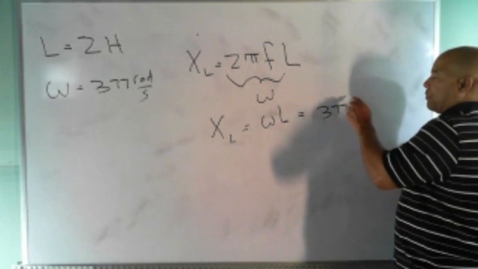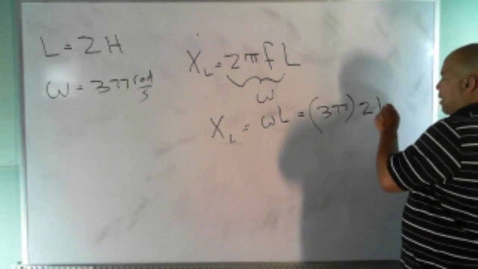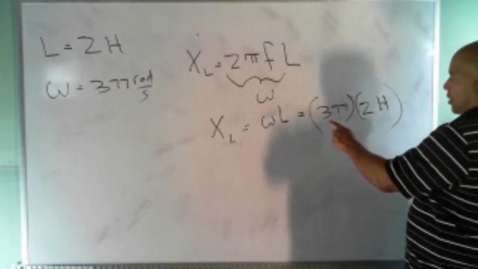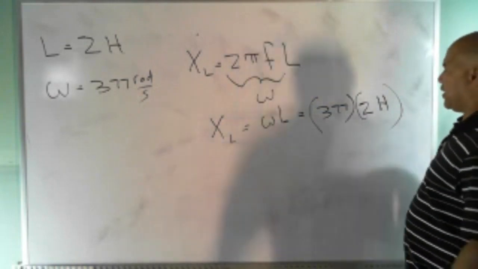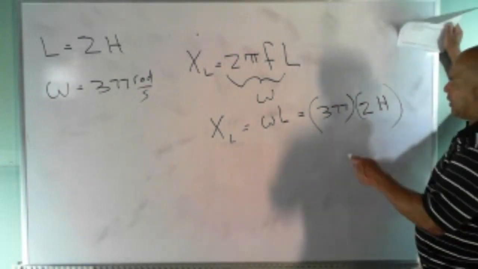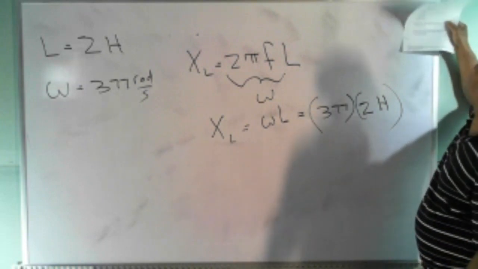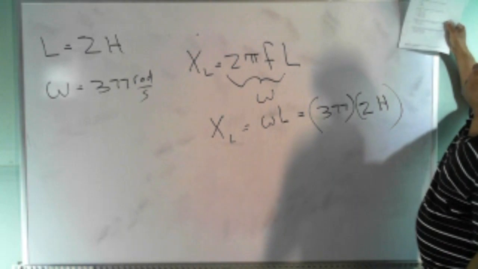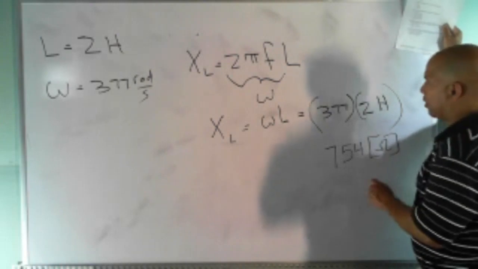Now, what you can do is just drop the radians per second, and multiply by L. So what's 2 times 377? Give me a value for 2 times 377. 754. And my units would be ohms.